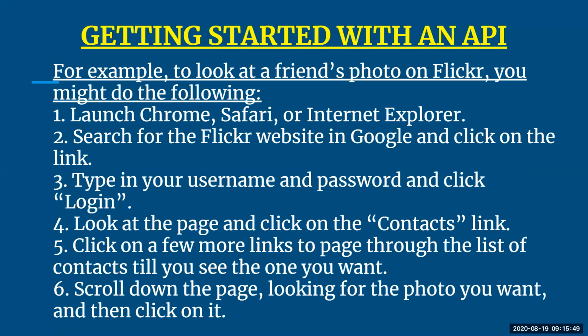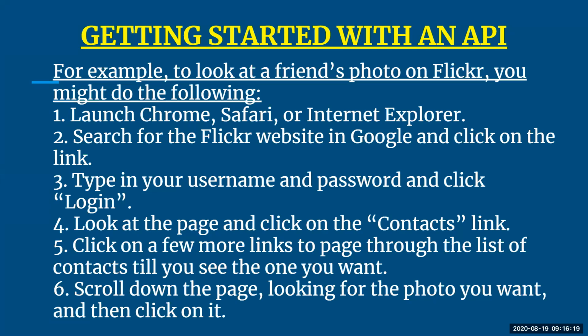Second, search for the Flickr website in Google and click on the link. Step 3, type in your username and password and click the login button. Step 4, look at the page and click on the contacts link. Step 5, click on a few links to page through the list of contacts till you see the one you want. Step 6, scroll down the page looking for the photo you want and click on it.